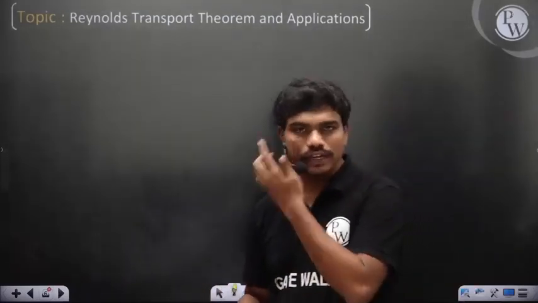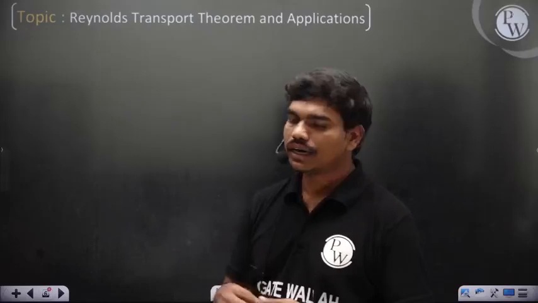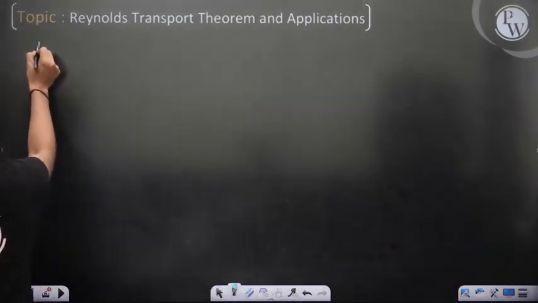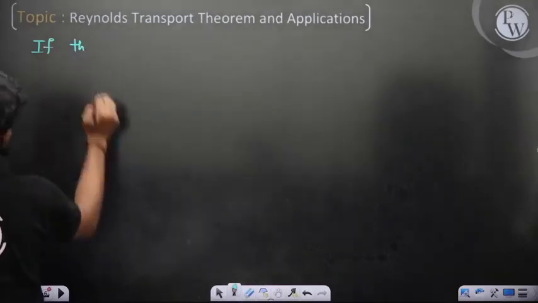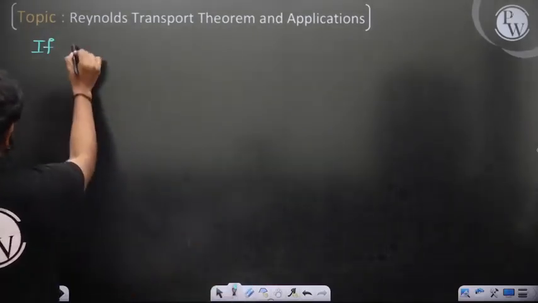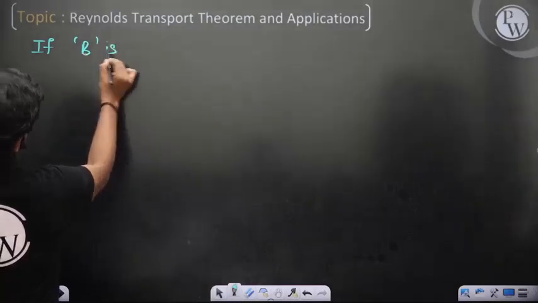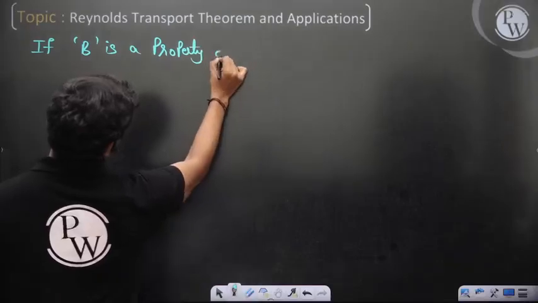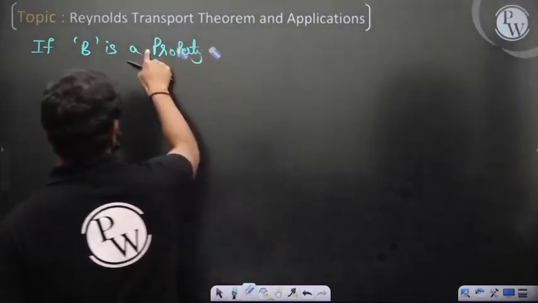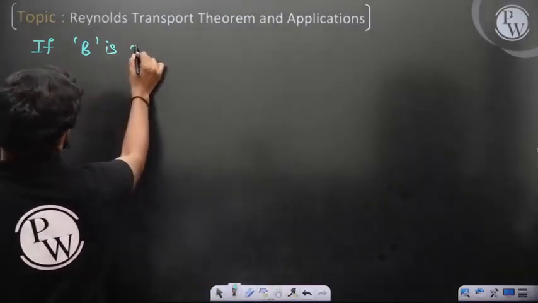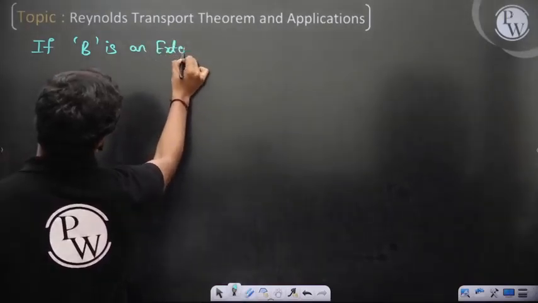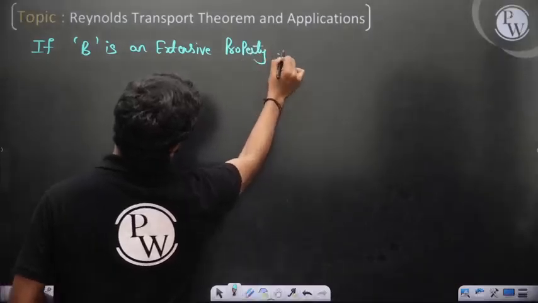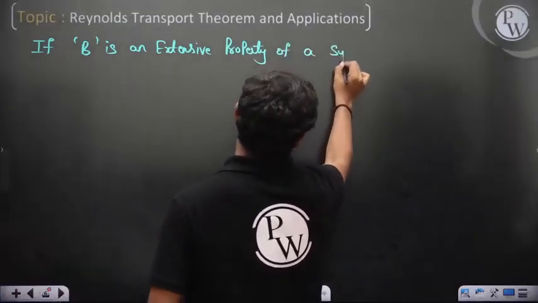I hope this is already covered in your fluid mechanics, in your control volume analysis, लेकिन मैं अब एक थोड़ा सा आइडिया देता हूँ. So मान लो कि if there is a property B of a control volume, actually here B is an extensive property, let's say B is an extensive property of a system, and what is system?